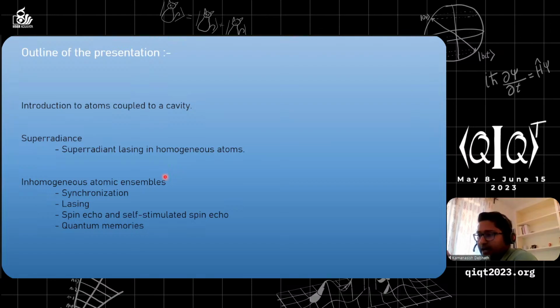But in the next two, where we have the spin echo, self-stimulated spin echo, and quantum memories, I'll be describing the effects of inhomogeneous broadening in its full glory, where you have this entire Gaussian distributed inhomogeneous broadening. And in all of these cases, the number of atoms is on the order of, let's say, 10 to the power 5 to 10 to the power 10. So basically, you cannot think of doing the exact master equation or even Monte Carlo or anything like that.